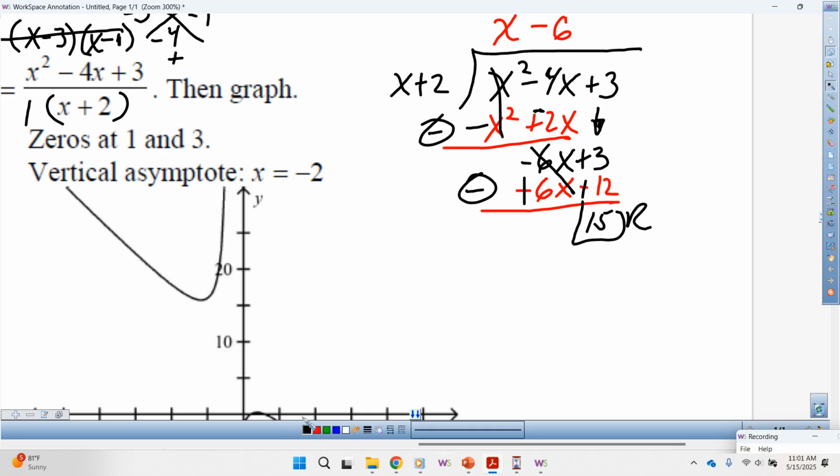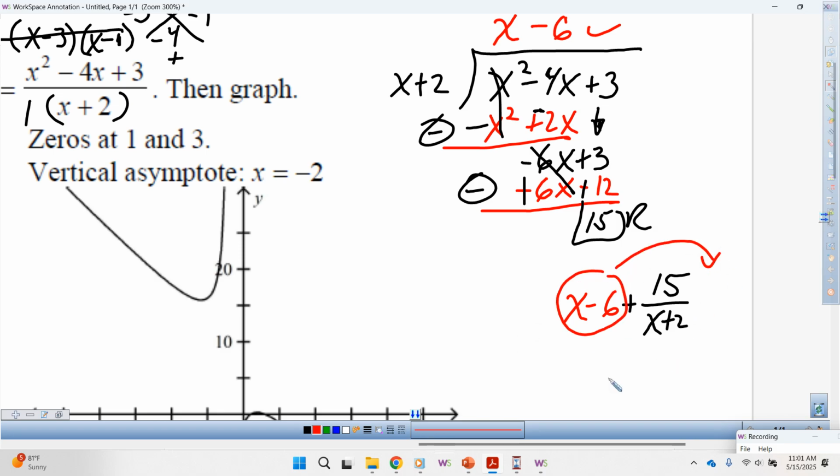So what is the answer for that, Mr. Q? Well, the answer is this: x minus 6. But do we have a remainder? Yes. Plus 15 over x plus 2. However, that looks kind of funky, because this needs to go where?